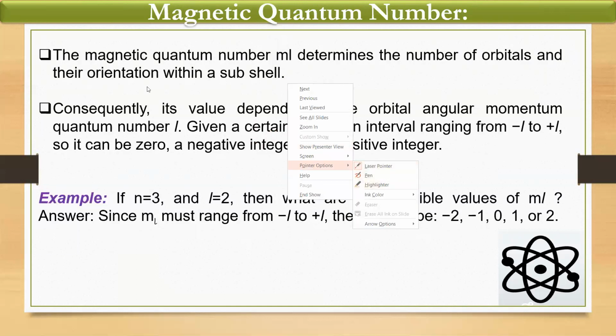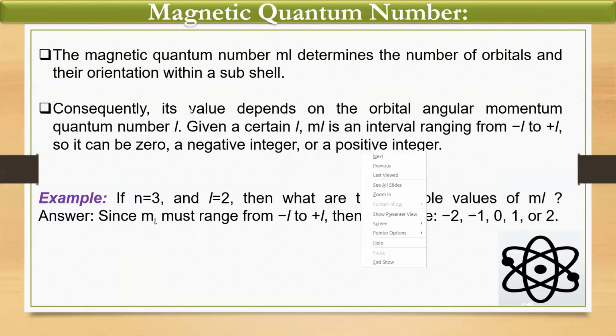Consequently, its value depends upon the orbital angular momentum quantum number L, because the number of ml values is 2L plus 1.